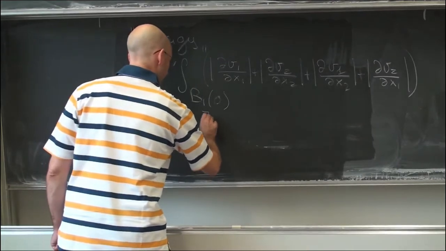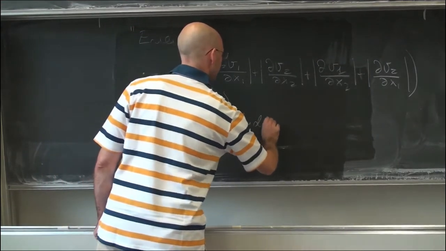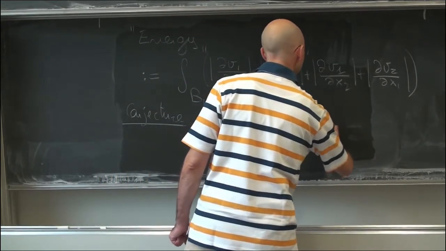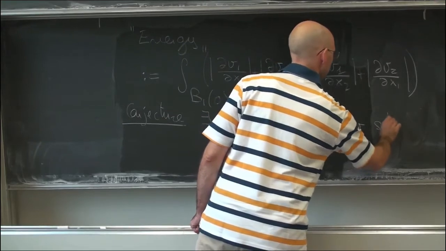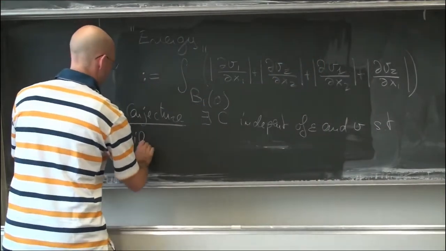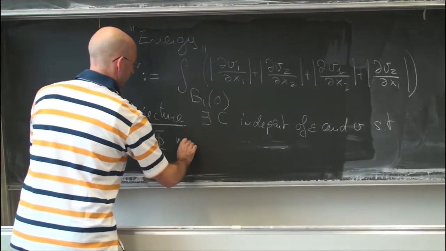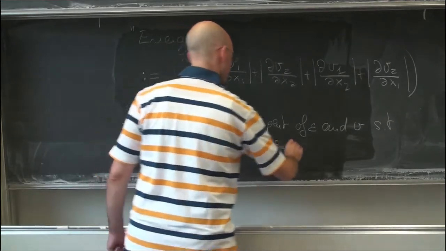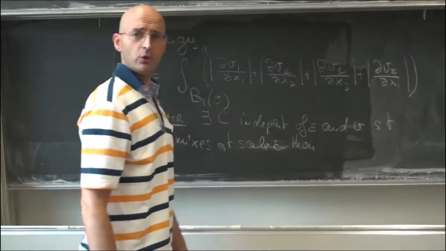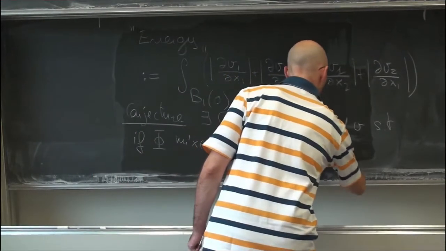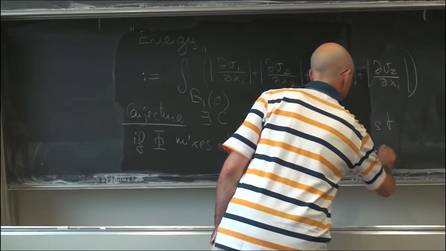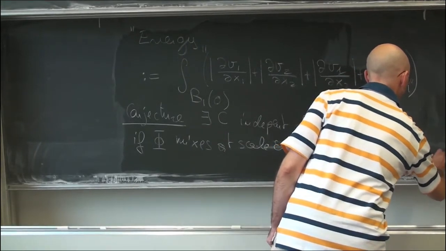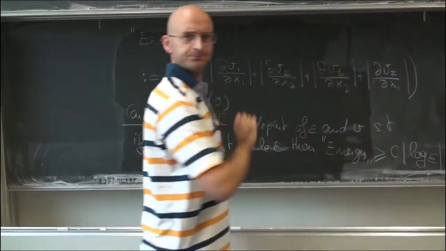There exists a constant C which is independent of anything we have said, so it is independent of epsilon and v, such that if your map phi mixes at scale epsilon, then the total energy that you have employed is at least a constant times the modulus of the logarithm of epsilon.